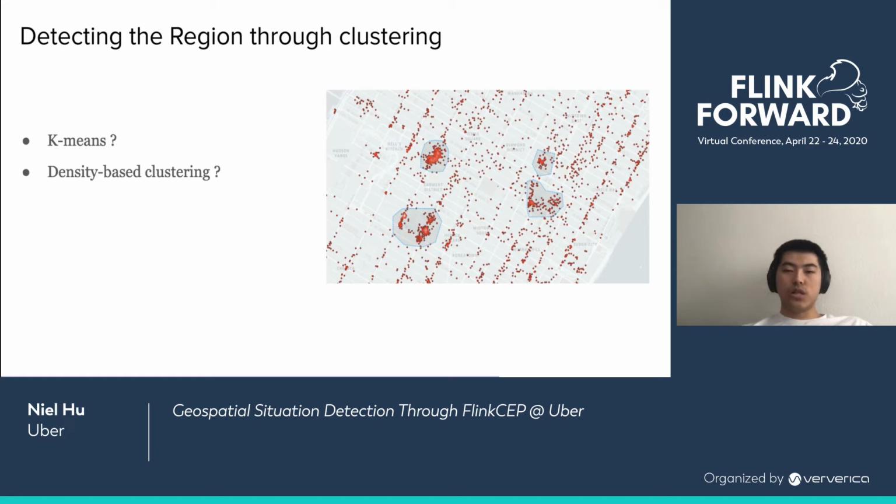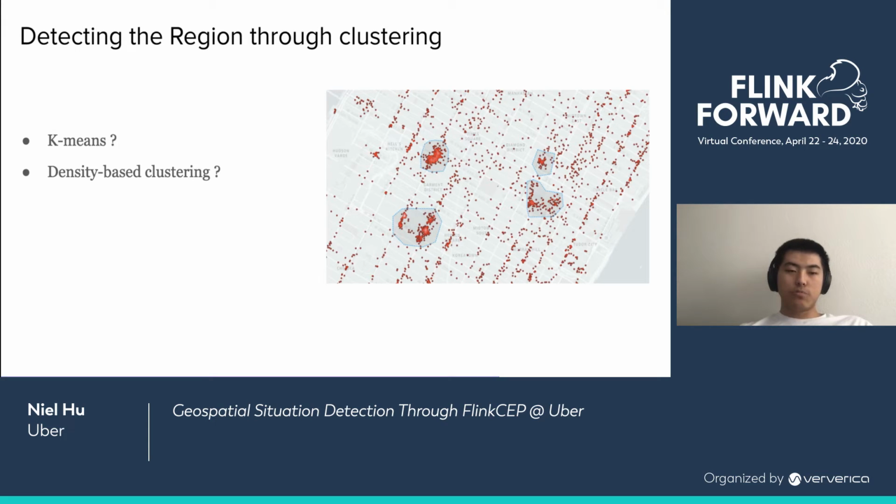Naturally, we turn to clustering algorithms to help us. We looked at 2 families of clustering algorithms. The first one is k-means, which is widely used and known for cheap computation. But it also requires the user to predefine the number of clusters, the number of centroids you want to find. And k-means only works well when the clusters are equally shaped, which is not the case in our problem.